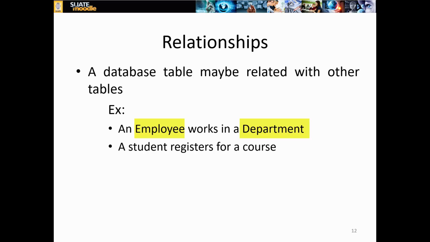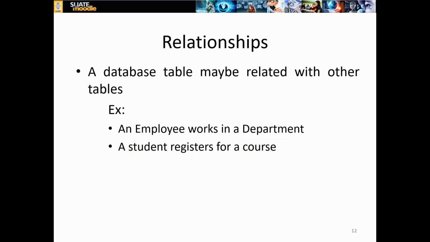That means each department may contain many employees. And also, there is a relationship between student and the course. A student registers for a course. That means each course may contain many students.